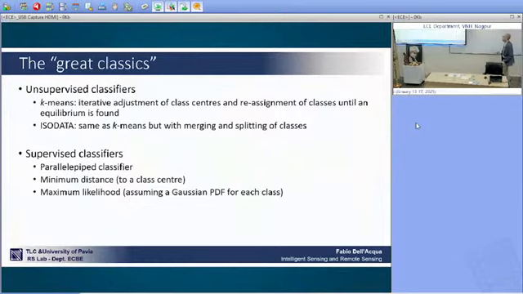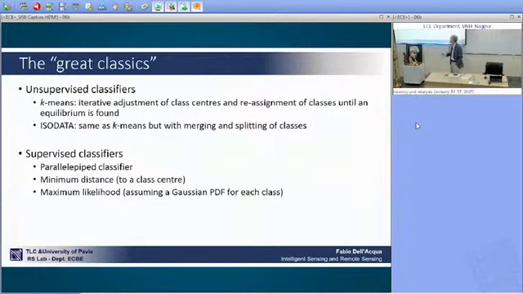And the same applies for supervised classifiers. We had the parallelepiped classifier, which was very simple, the minimum distance classifier, and the maximum likelihood classifier. It is interesting to have a look at the maximum likelihood classifier because historically it is very important.